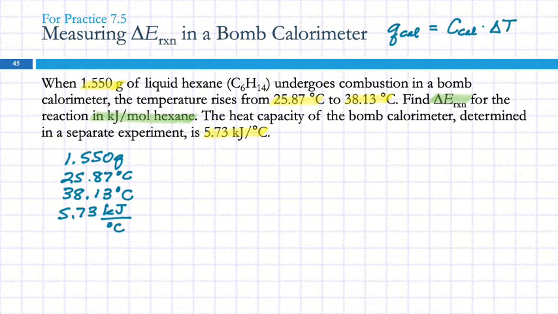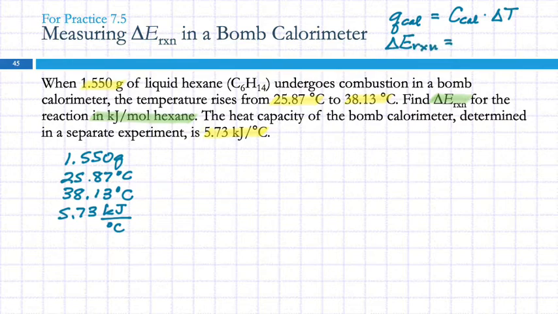And we also learned that the heat of reaction is equal to Q for the reaction, which is going to equal negative Q for the calorimeter, because any heat lost by the reaction is gained by the calorimeter.